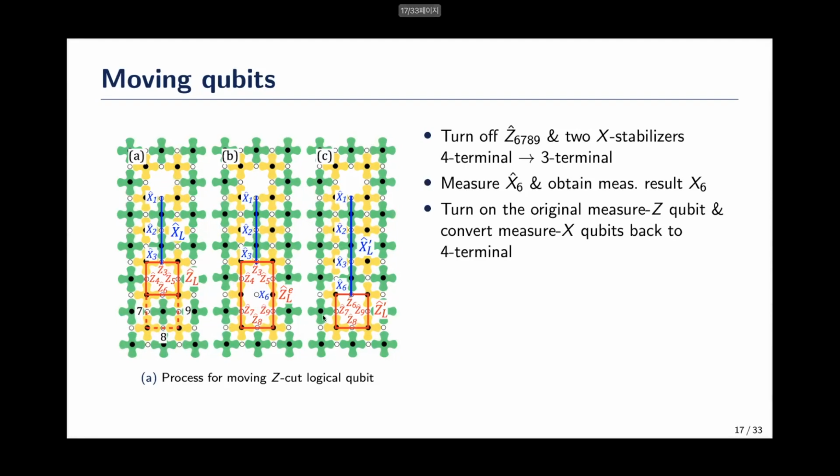Then measure X6 in the X basis, turn on the original measure Z qubit, and convert the measure X qubit back from 3 terminals to 4 terminals.